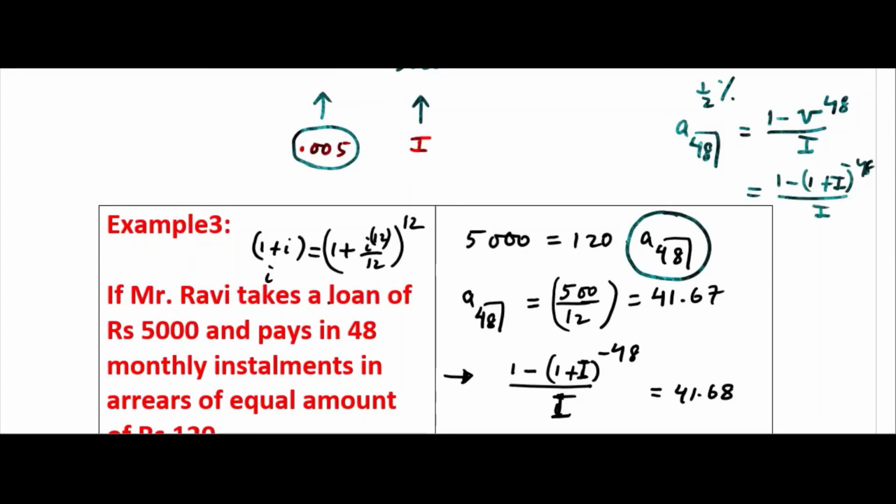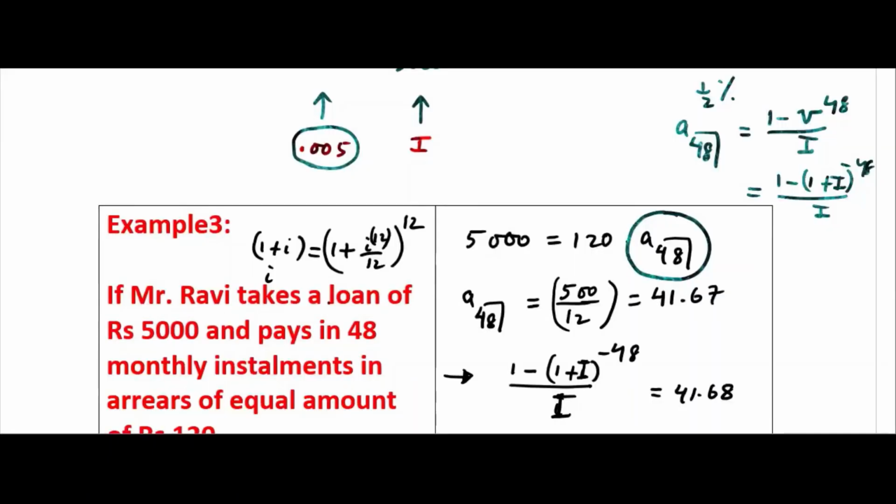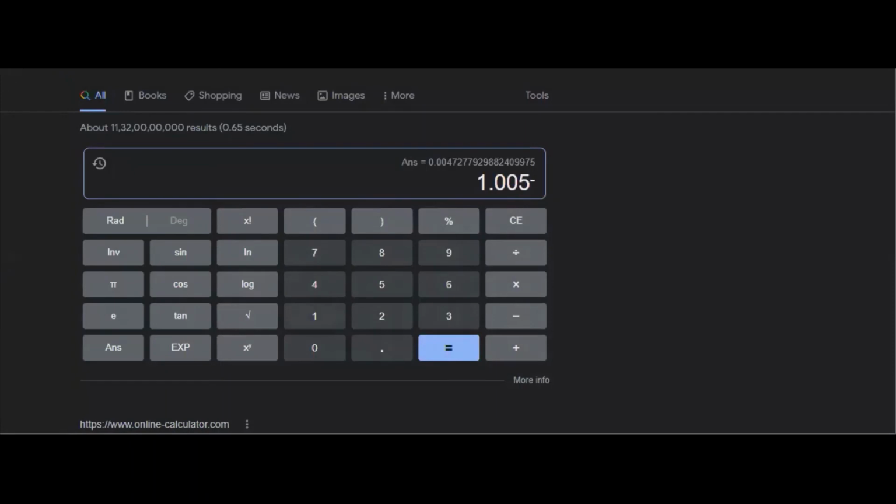Capital I at 0.005, okay: 1.005 power minus 48, divided by I, minus 48 minus 1, multiplied by minus 1 divided by I, 0.005.